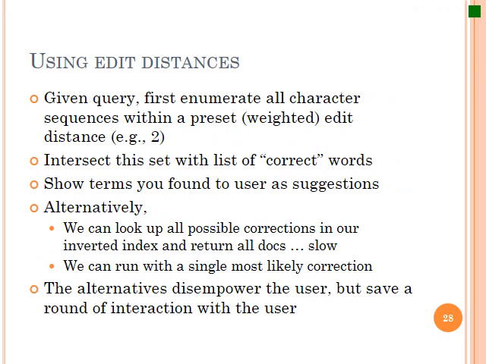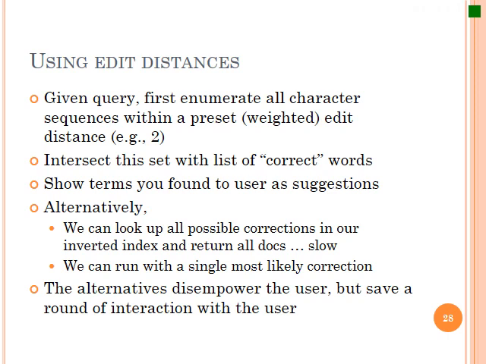All right. So once you have the edit distance, given a query, you can enumerate all character sequences within a preset weighted edit distance, for example, 2, and then you can intersect the set with the list of correct words. Then show these terms you found to the user as suggestions.